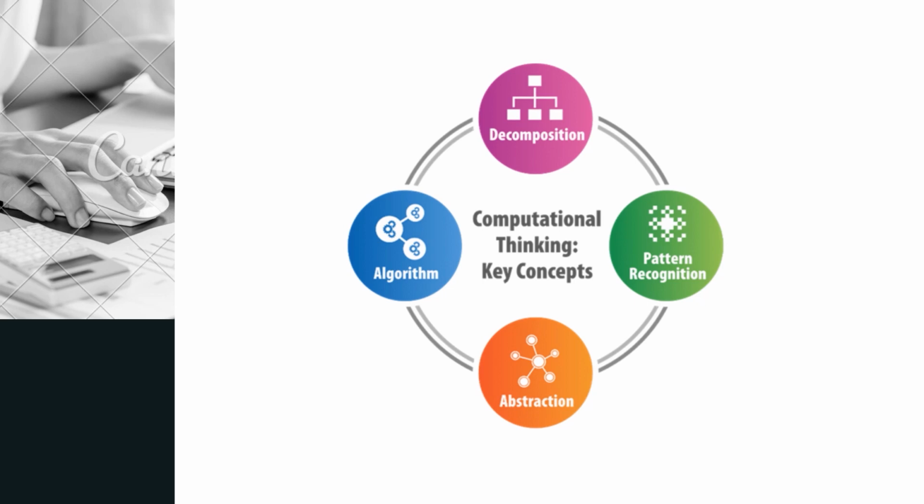All right, so now we are going to talk about computational thinking key concepts. We actually have 4 key concepts that we are going to talk about, define, and give some examples of, which are decomposition, pattern recognition, abstraction, and algorithms.